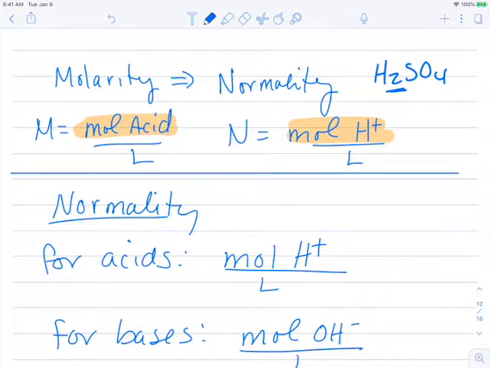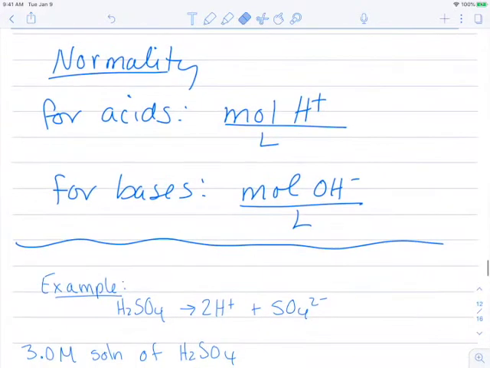So if we really want to know how much acid is in your acid, we want to talk about normality rather than molarity. For acids, the normality will be moles of hydrogen per liter, and for bases, it would be moles of OH minus per liter. So let's take a look at a couple examples.